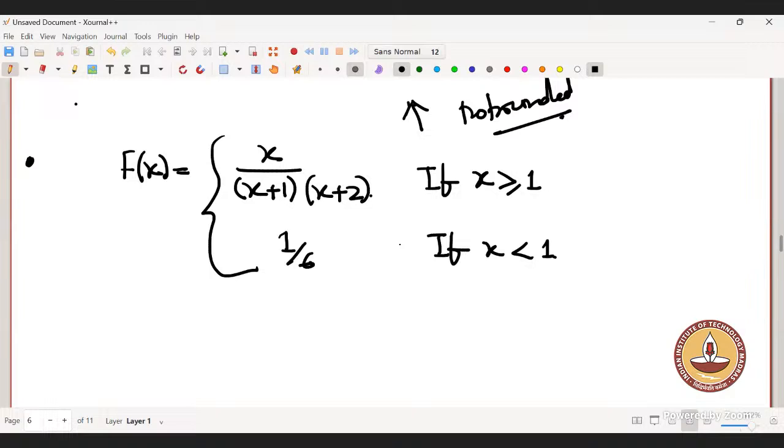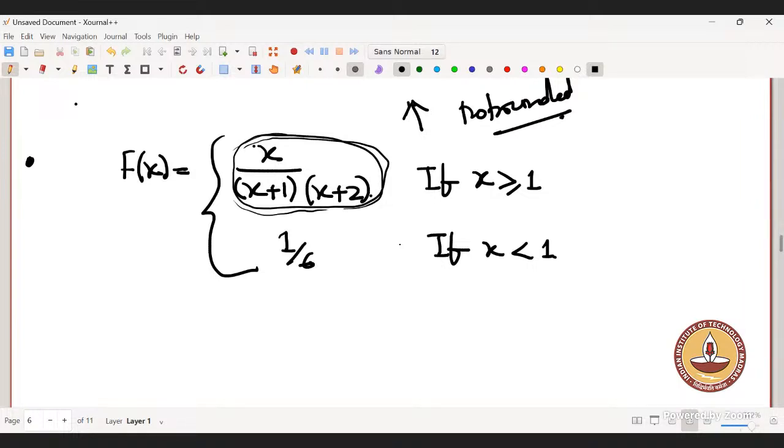So what is the problematic part for this function? X by (x plus 1) by (x plus 2). Can you tell me? Sorry, I didn't get the question, sir.